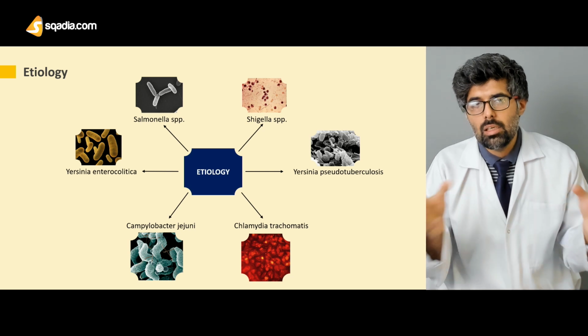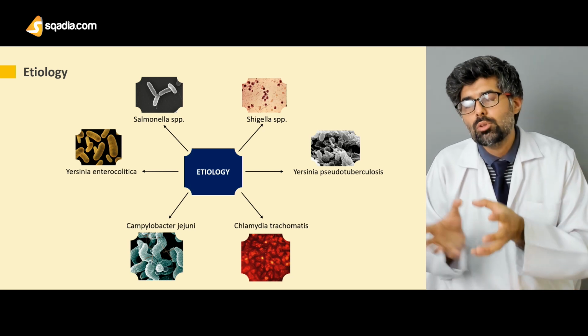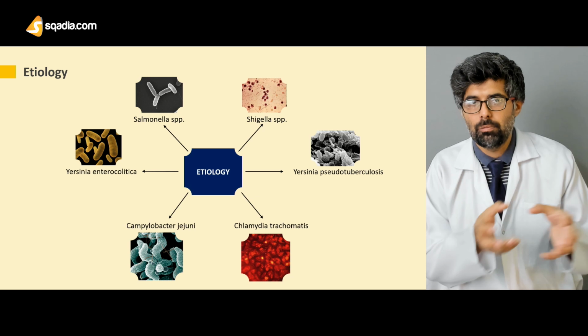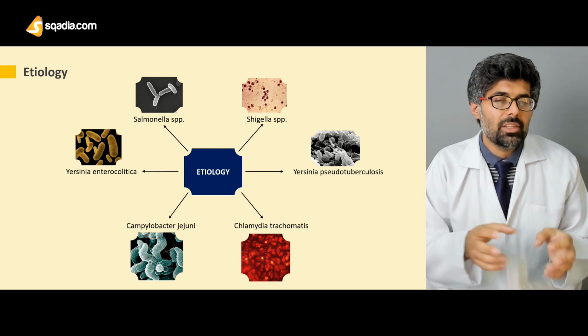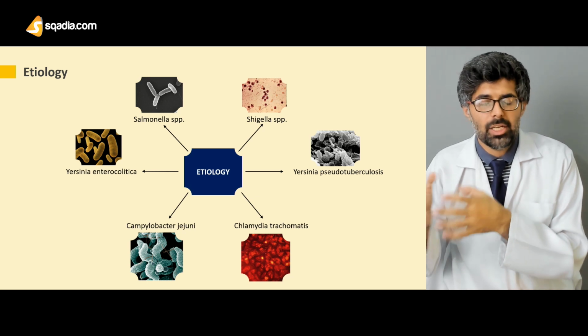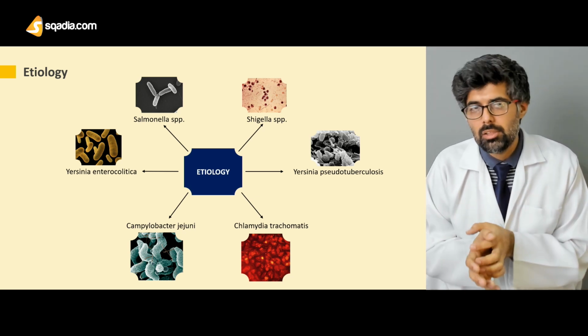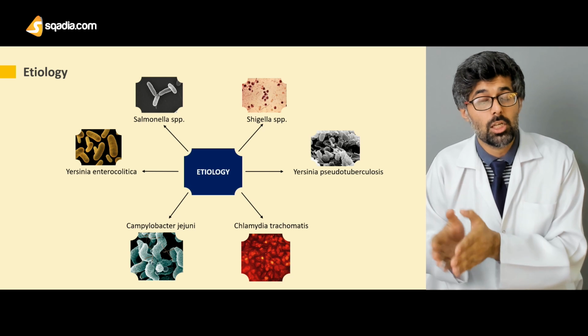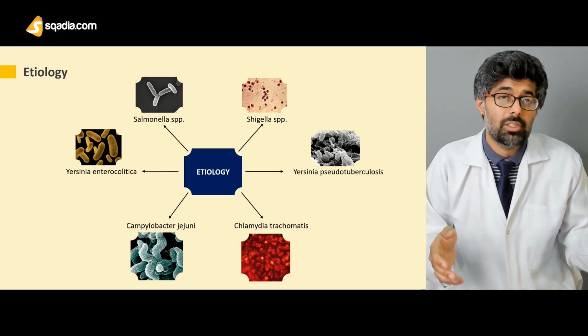Now, all of these bacteria are sometimes also known as triggers for reactive arthritis, and these triggers can be antecedent to the reactive arthritis, that is, the infection comes before the reactive arthritis.